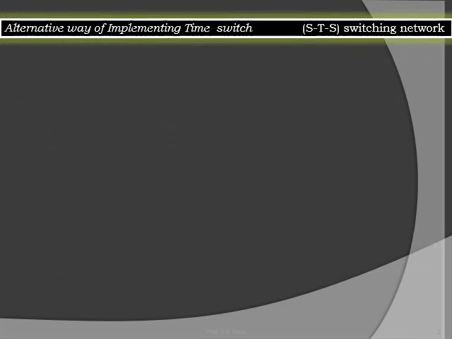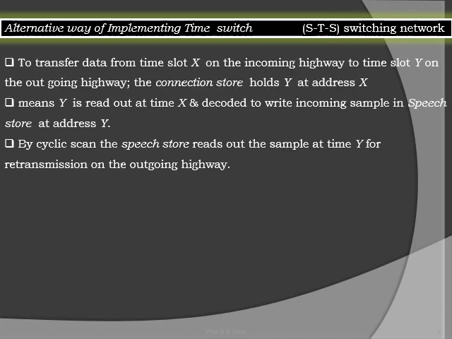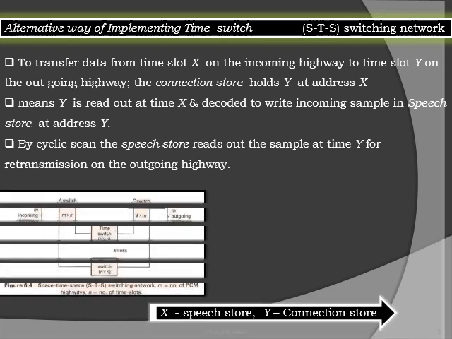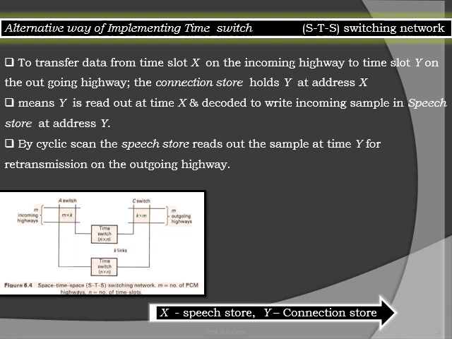Another alternate way is the combination of space, time and space switching network, as shown here. Always remember, X means speech store, and Y means connection store. Here you can see two space stages: a matrix of cross points, the A switch, and another matrix of cross points, the C switch. M incoming PCM highways are coming here.